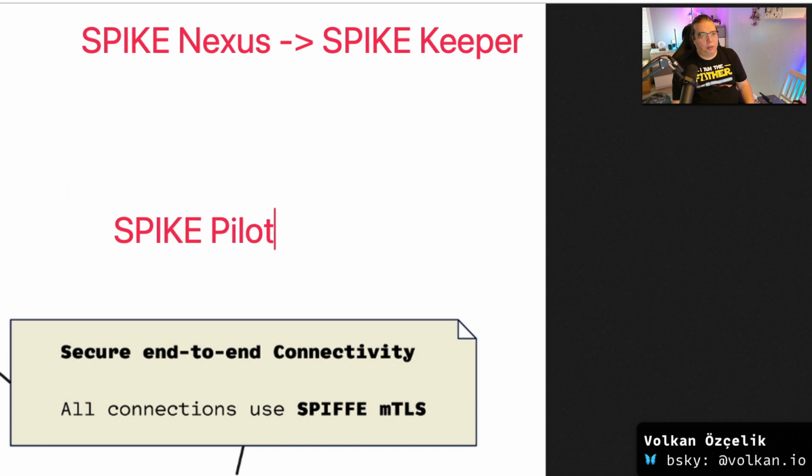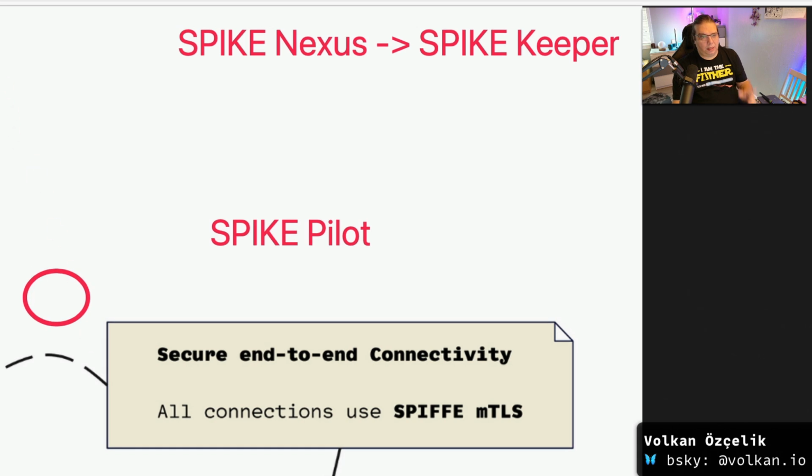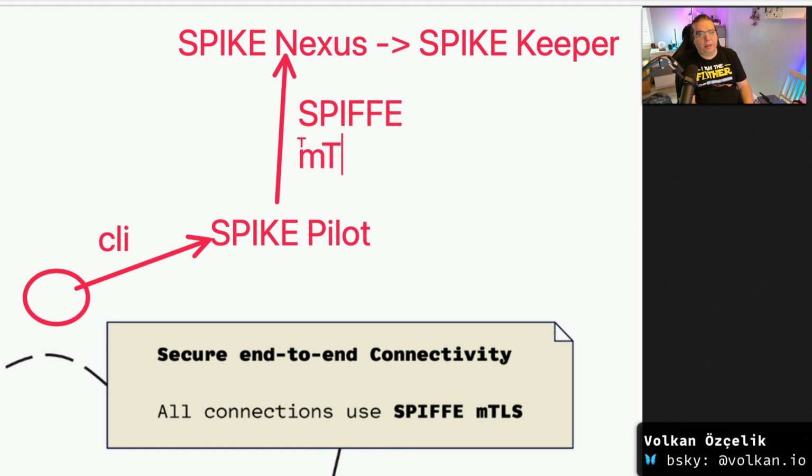A human user can interact with Spike Pilot using the command line interface, CLI. Once the user authenticates and uses the pilot, it talks to Nexus using SPIFFE mTLS to do secret management operations: create policies, create secrets, delete secrets, update secret versions, and things like that. So it is typical secure key value store management operations.